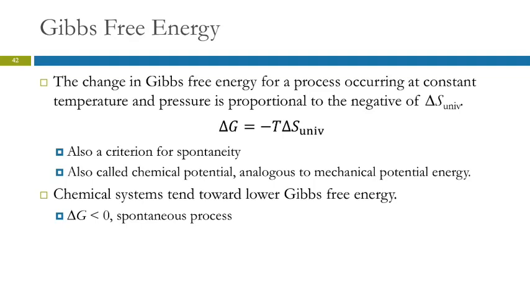So it is analogous to mechanical potential energy. So just like with mechanical potential energy, think of a ball rolling down a hill. A spontaneous process is one that lowers the potential energy. A chemical spontaneous process is one that's going to lower the Gibbs free energy. So if delta G is less than 0, we've got a spontaneous process. Any questions?